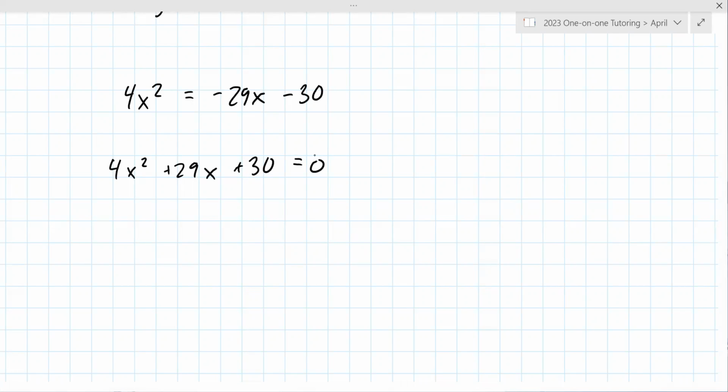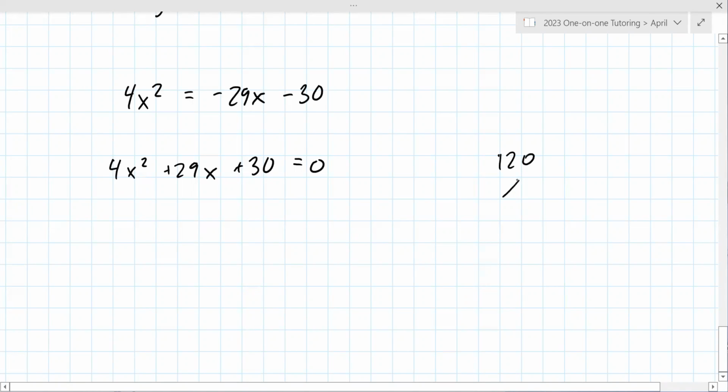It has to multiply to be 120, so add to 29. Like 13 and 15? Those don't add to 29. They're pretty far apart. But maybe, like I said, you just sit there and start slashing through 2, 3, 4, 5.